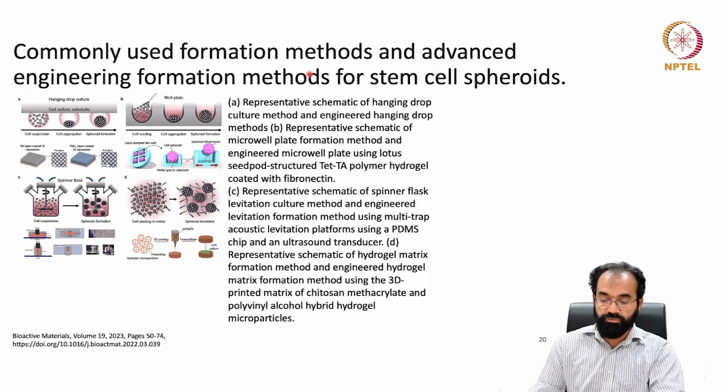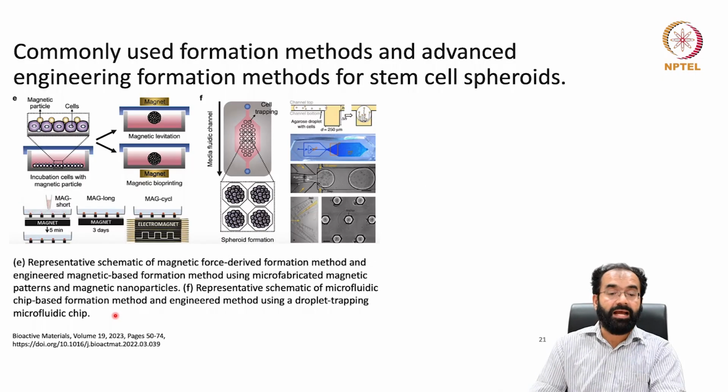So commonly used formation methods and advanced engineering formation methods of stem cell spheroids are listed here. You can see the different approaches like the hanging drop method, well plate method, etc. are listed here. And here you can see there is a magnetic particle, magnetic force application, etc., done to create the spheroids.